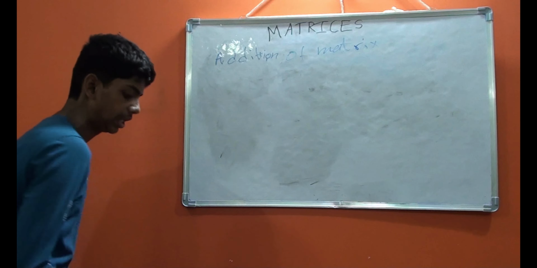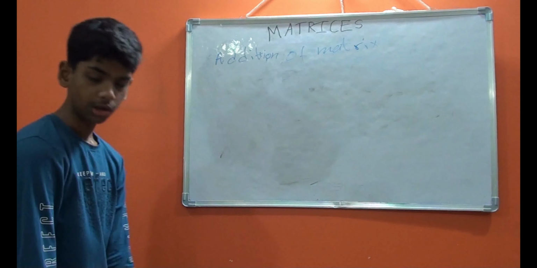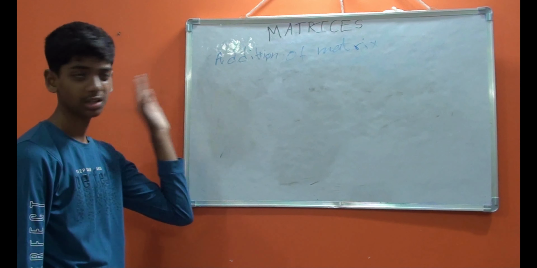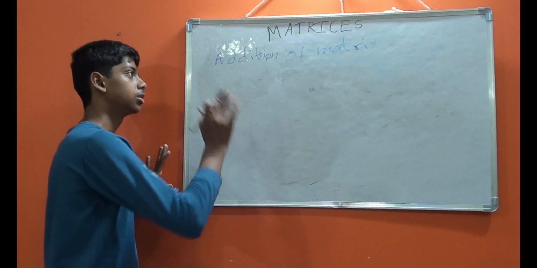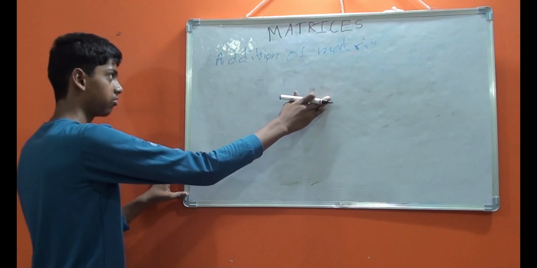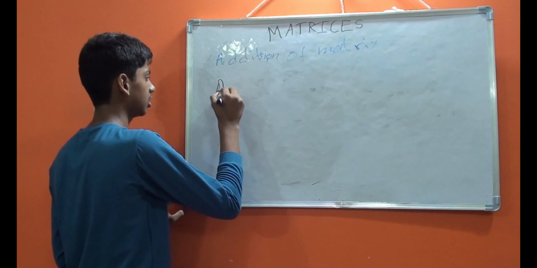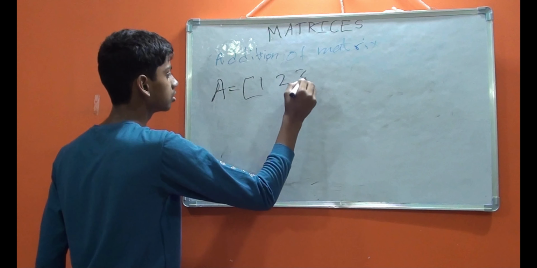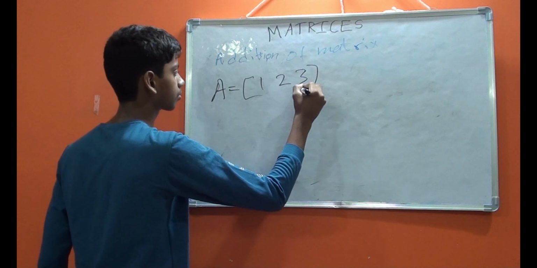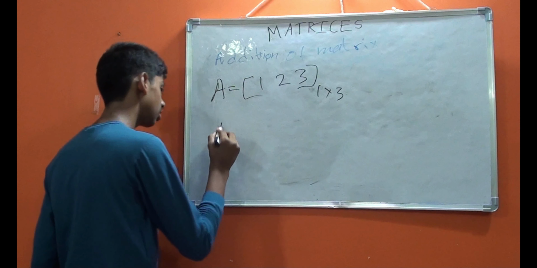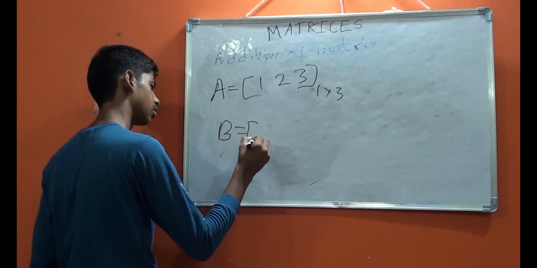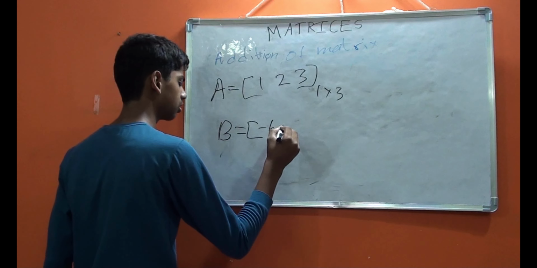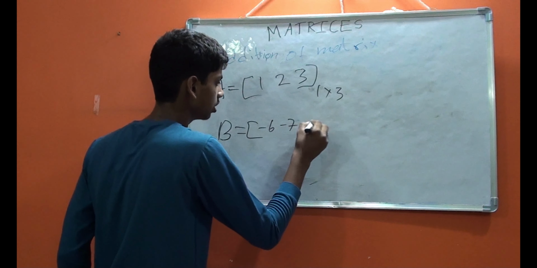Now let's learn about the addition of matrices. Addition and subtraction both are very easy. So learn about addition first. Let's take matrix A equals 1, 2, 3 and matrix B as -6, -7, -9.